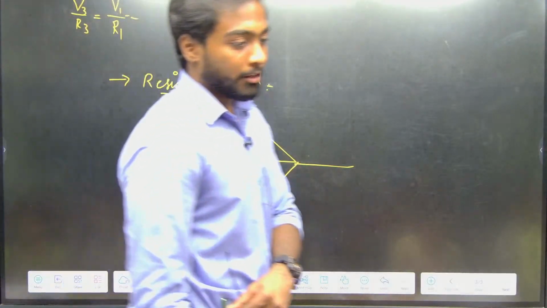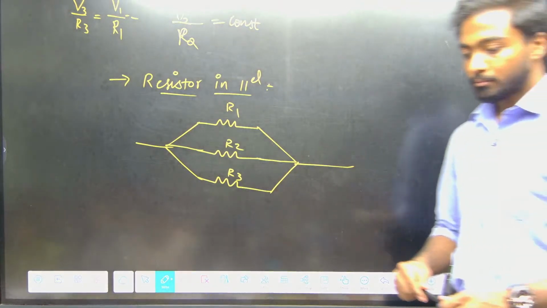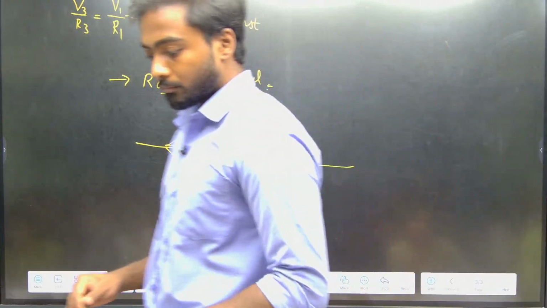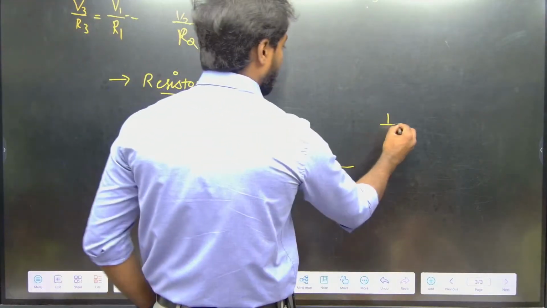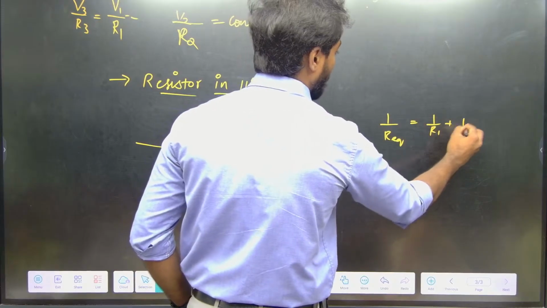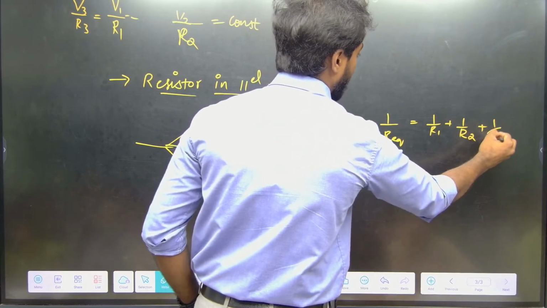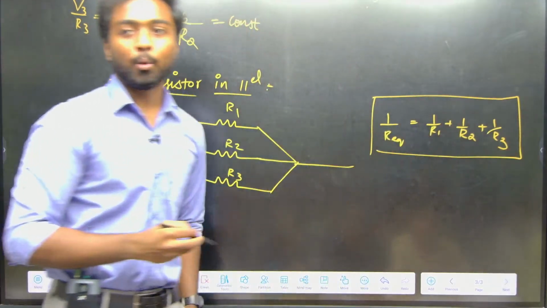Write on the first point. The formula is 1 by R equivalent equals 1 by R1 plus 1 by R2 plus 1 by R3 for three resistances. So for n resistances it goes up to 1 by Rn.